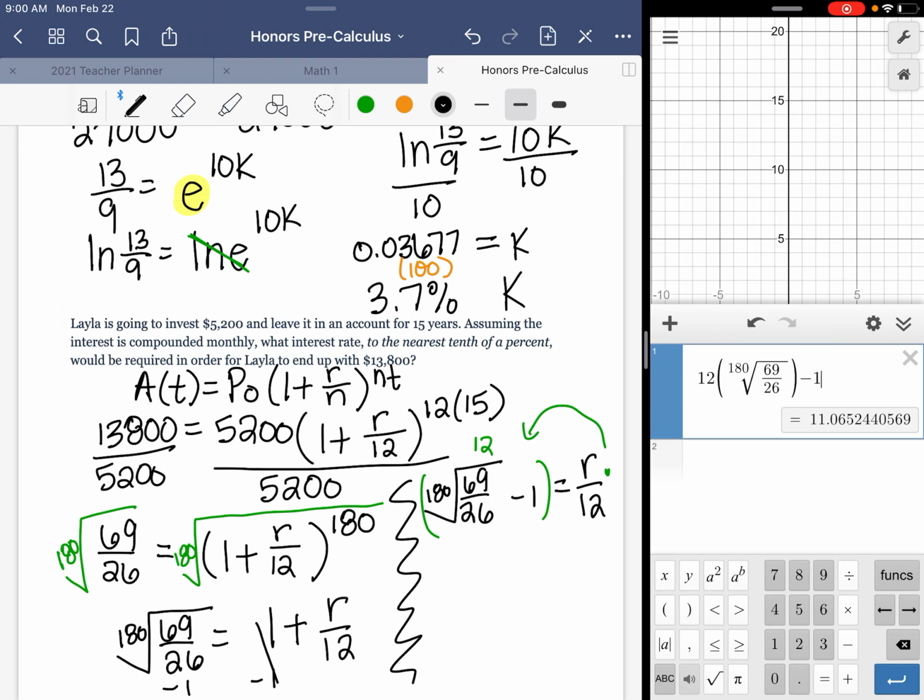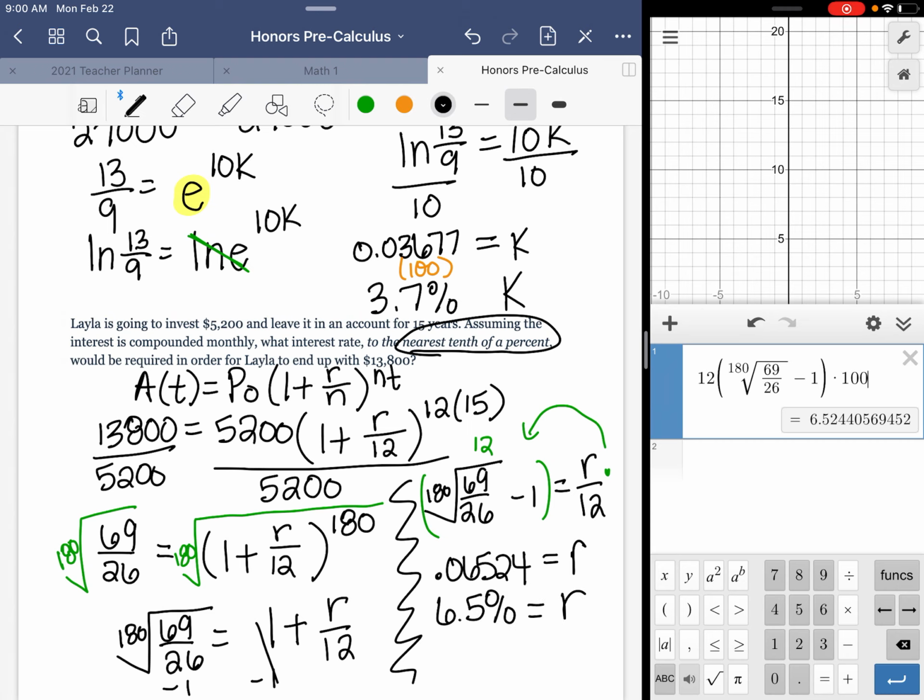All right, and let me correct that because my minus 1 needs to be on the outside. There we go. So I have that r equals 0.06524. And they want us to round to the nearest tenth of a percent. So we would multiply that by 100, and we get 6.5% as my interest rate.